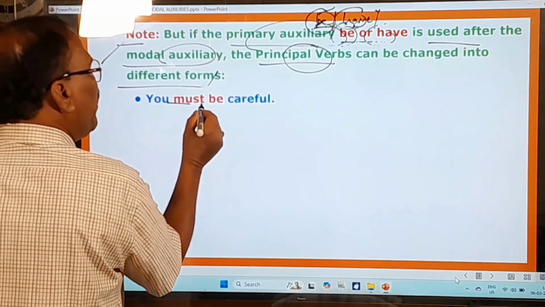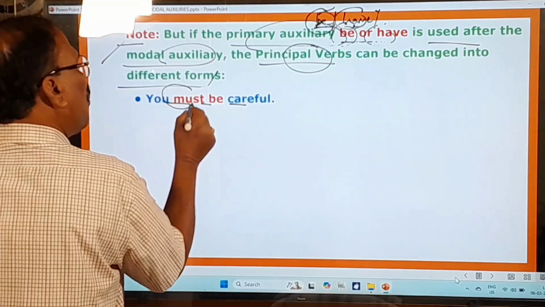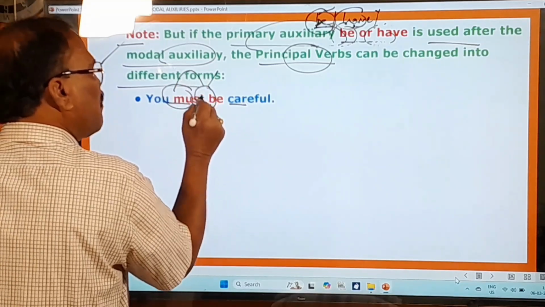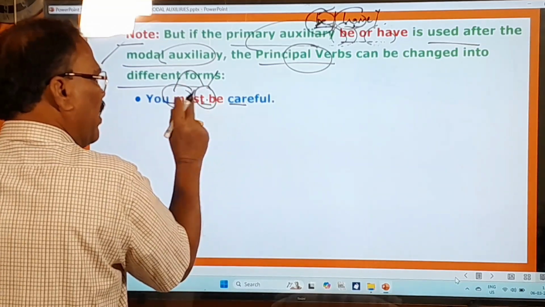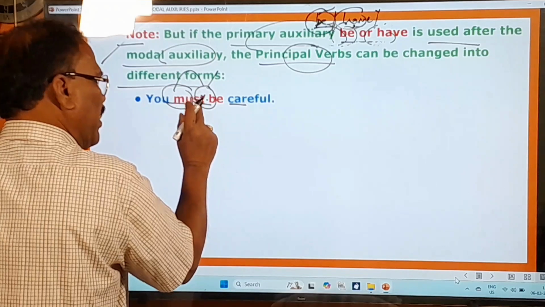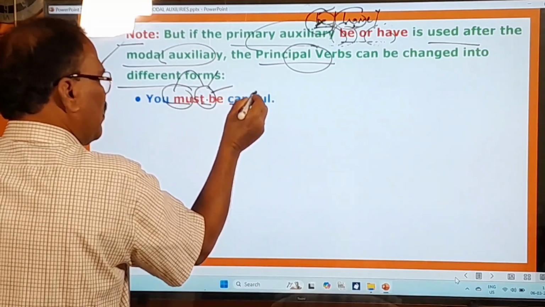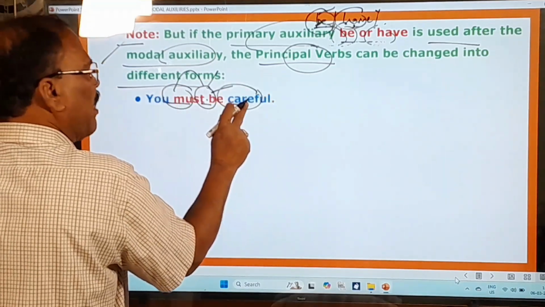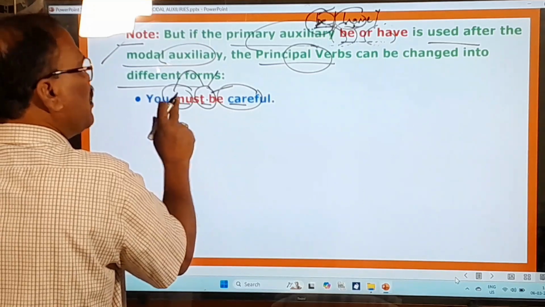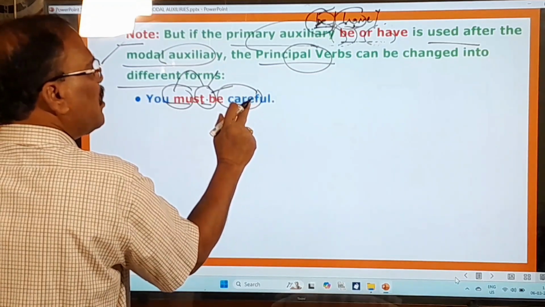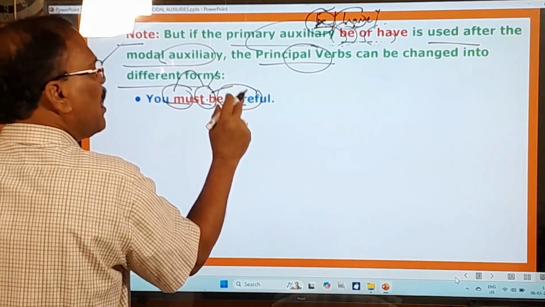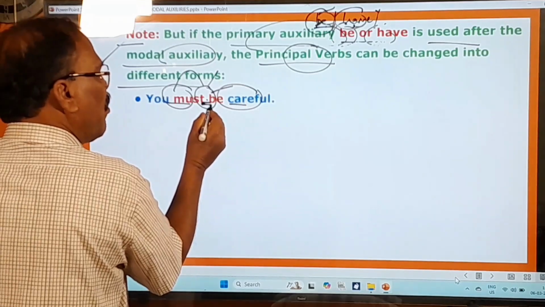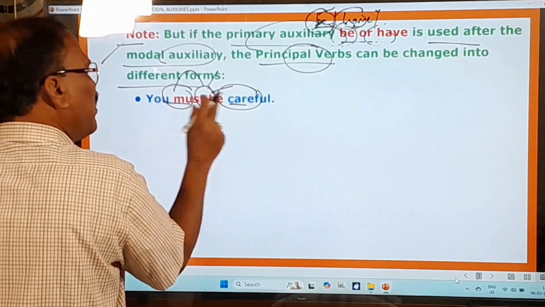You must be careful. So after this modal auxiliary, we have used this be. Okay, whenever you use this primary auxiliary be, then you can use the adjective here. You must be careful. Okay, you cannot simply say you must careful, because careful is not a verb. So if you want to use an adjective, you must use this word be. Okay, primary auxiliary. So you must be careful, right?